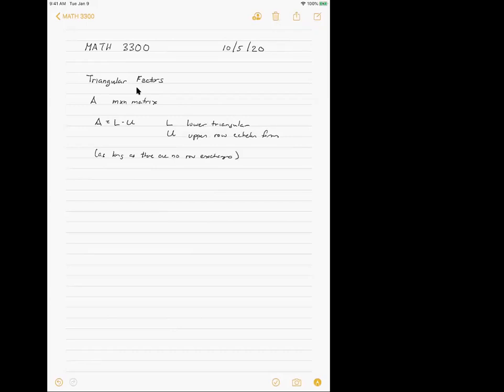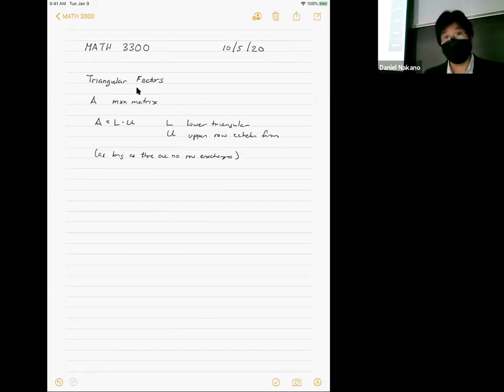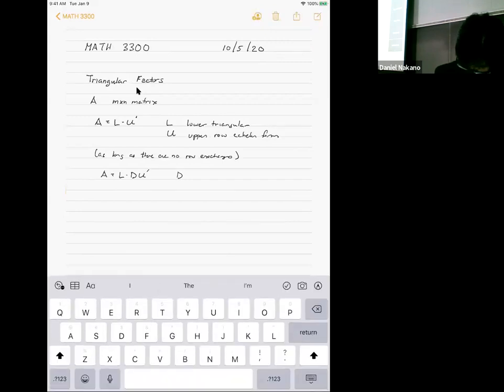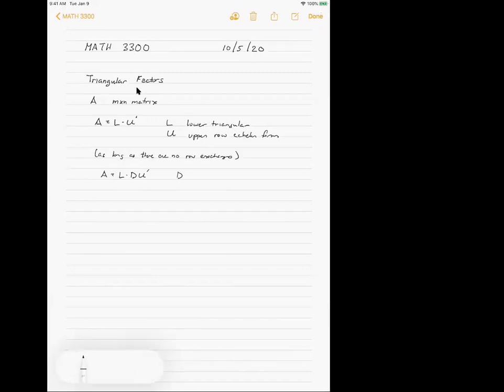In fact, we can do a little bit better. We'll be able to factor A in terms of LDU, where D is a diagonal matrix. Let me call this one U prime, actually. Let me try to erase it first. That's not working.